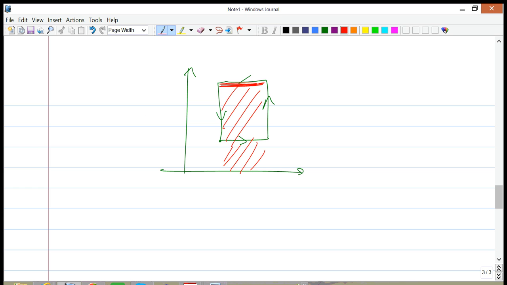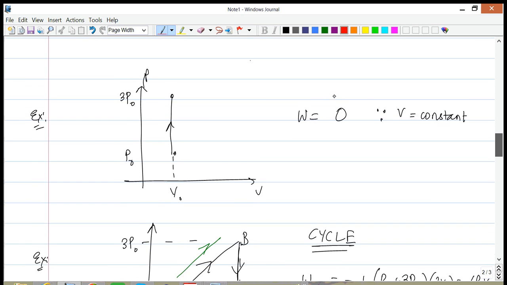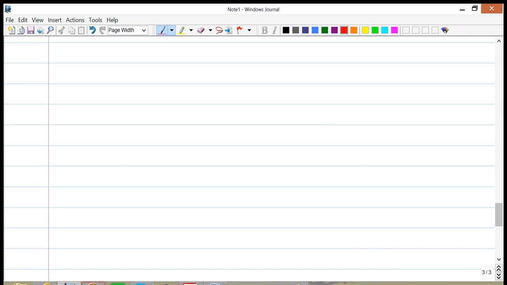So this is basically finding the work done for individual processes and for cycles. Remember, the work done when the volume is constant is 0. Essentially, the work done for a cycle is equal to the area enclosed by the cycle, and we have to put appropriate signs. If the gas expands, the work done on the gas is negative.